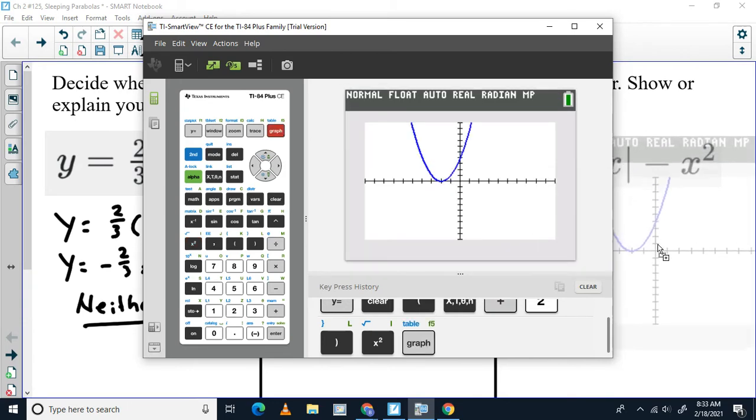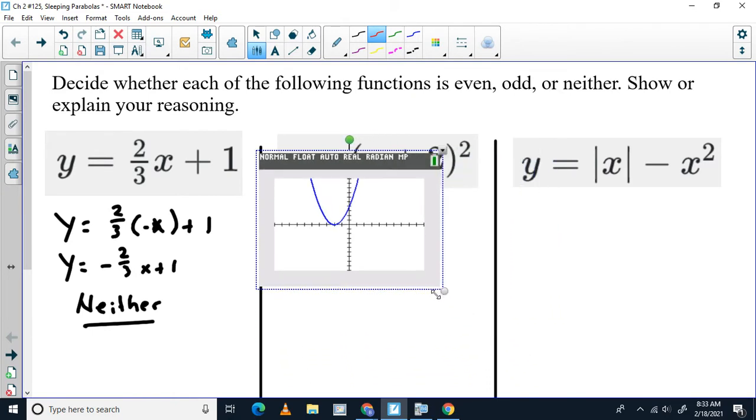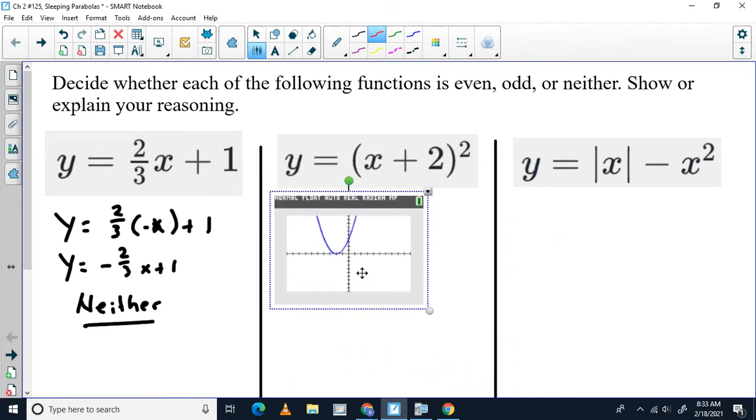When I look at the graph, the first thing I'm going to do is check to see if it's even. If it's even, that means we should have a line of symmetry at the y-axis. It's not a very good y-axis, but you get the idea. If I were to reflect that over the y-axis, I do not get the exact same graph. So this one is not an even function.